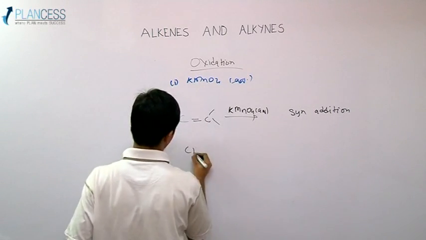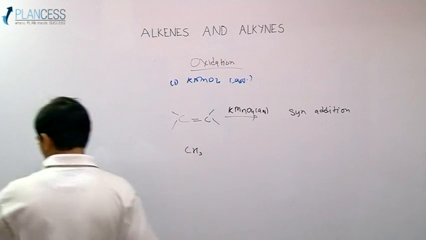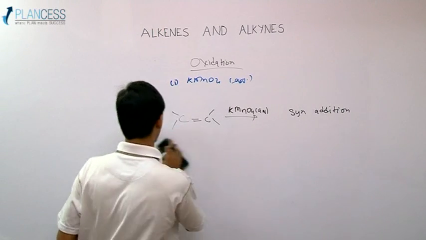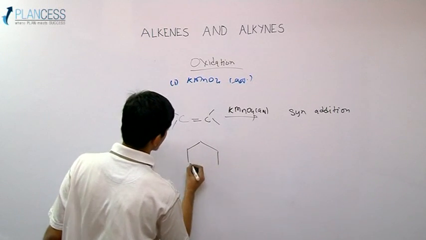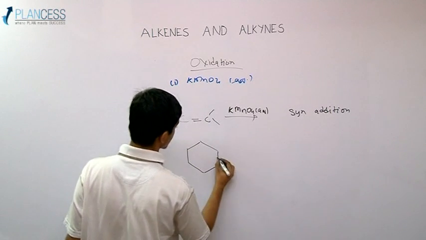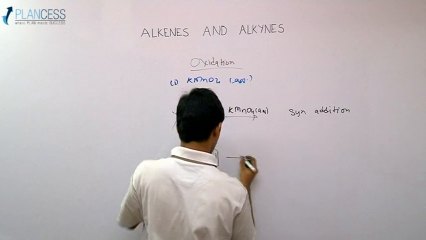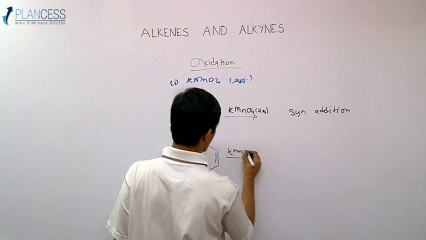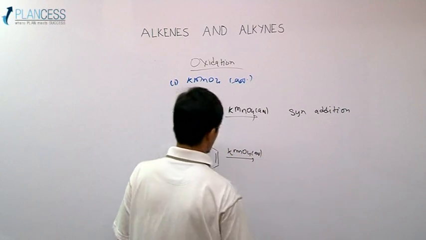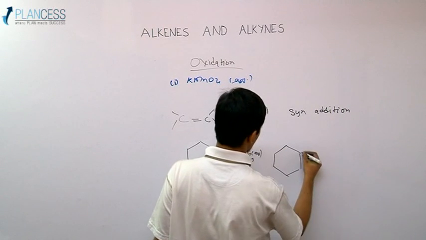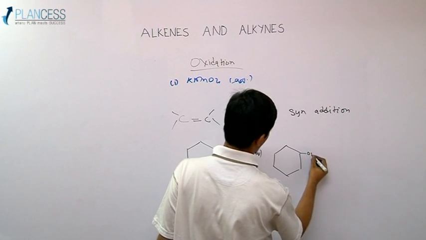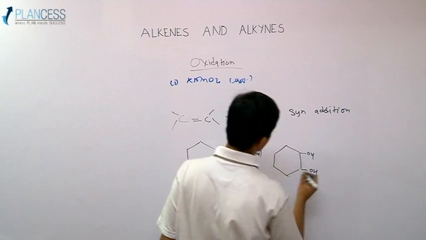So suppose I take a specific example. These examples are very clear if you take cyclic compounds, because in cyclic compounds you can easily identify which is up and which is down. So if you take this and react it with aqueous KMnO4, then what you get is this alkene, and you get one OH this way, another OH this way.